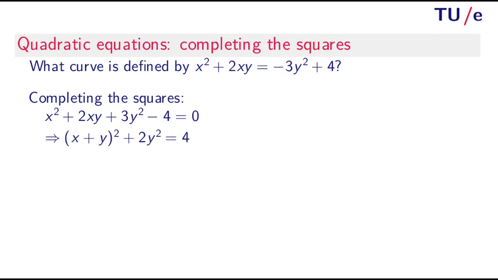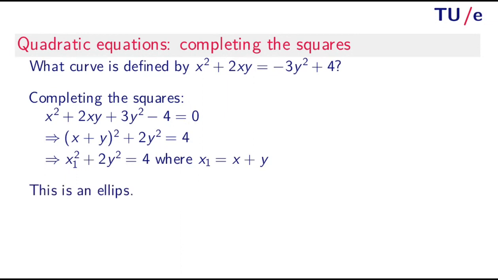Now, completing the square tells us that we can rewrite this to (x + y)^2 + 2y^2 = 4. And we find that we have x1^2 + 2y^2 = 4, where x1 = x + y. So we have found an ellipse.